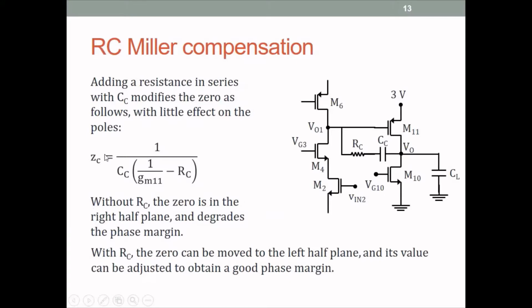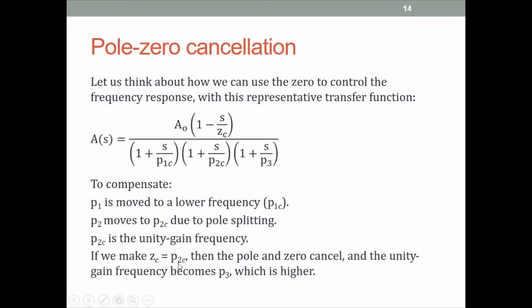So ZC itself is a strong function of process and temperature. P2C is also a strong function of process and temperature, and therefore to ensure that these two are always equal as process and temperature vary is basically impossible. Therefore, although this looks very nice mathematically, in practice this is never done.